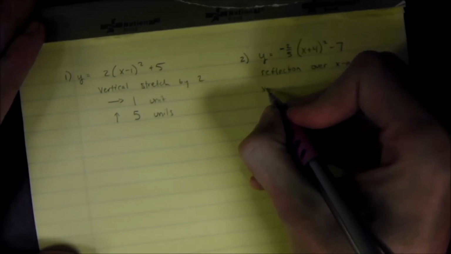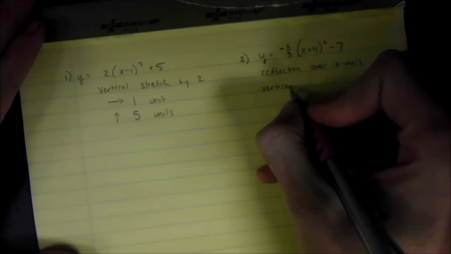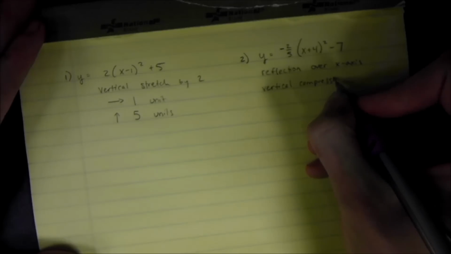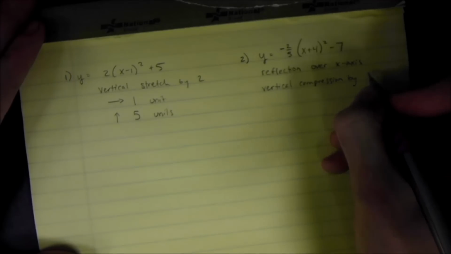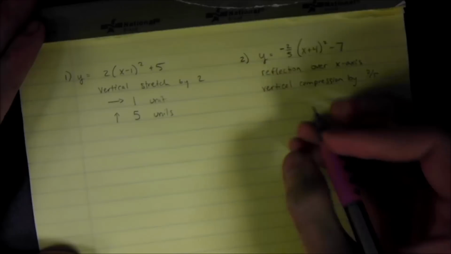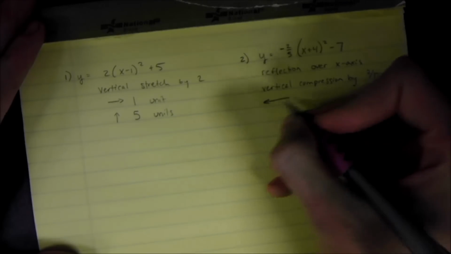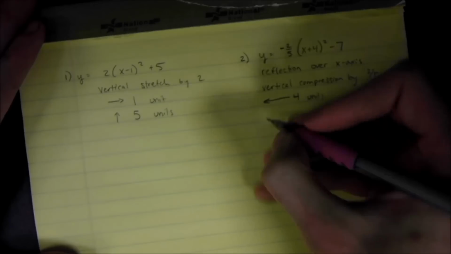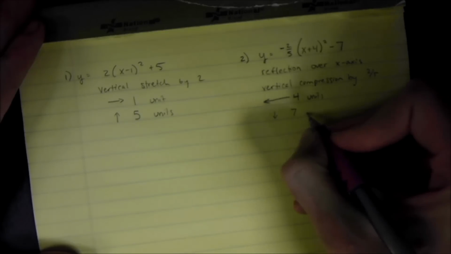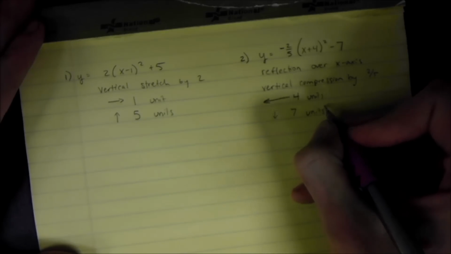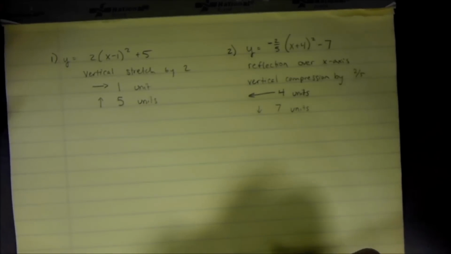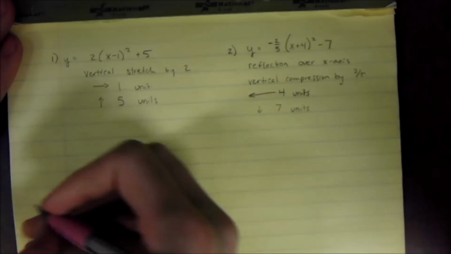The 2/5 would be a vertical compression by 2/5. We also have a shift, in this case, to the left 4 units. That's the 4 there. And the shift down 7 units. Okay, 2 problems down.